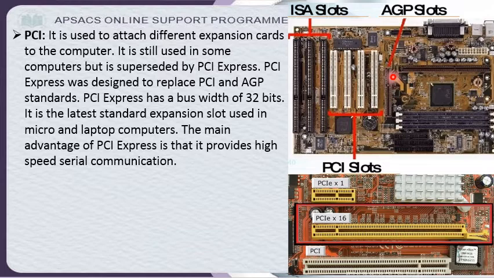If you remember in the previous slide, we discussed that AGP is only used for a graphics card, but PCI can be utilized for different functionality. It can be utilized for a network adapter, or we can say LAN, or for Wi-Fi, or for sound, or for a modem. So for different purposes we utilize this PCI slot.